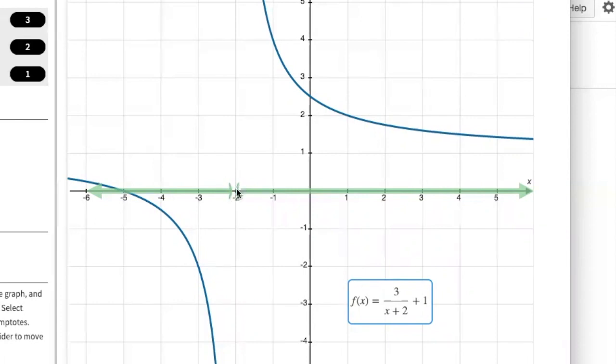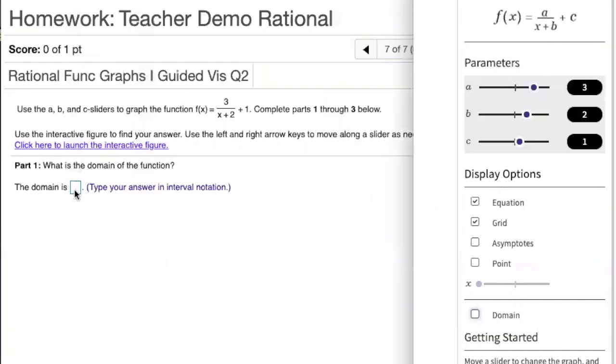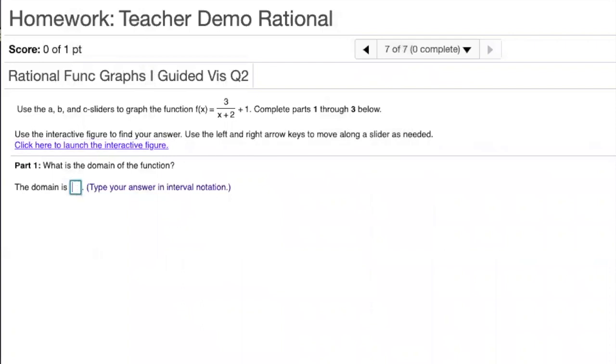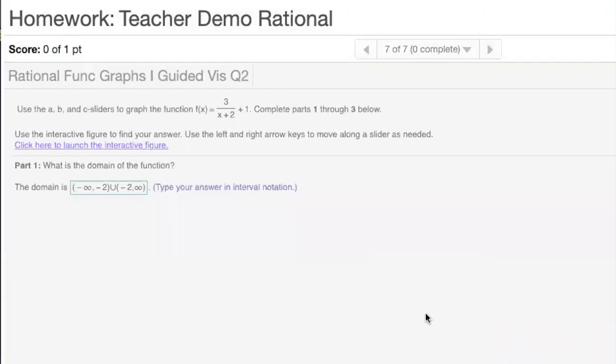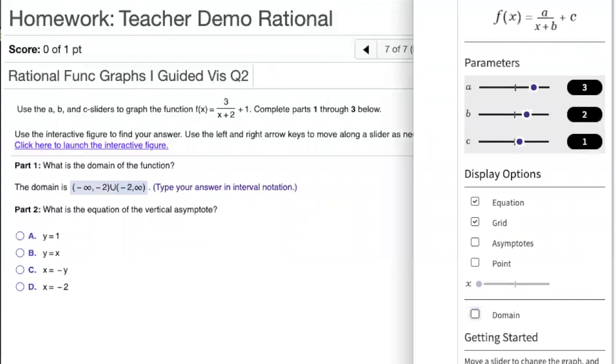And then you pick up on the other side of negative 2, round bracket, to positive infinity. So over here, when I have to do this in interval notation, I'm going to do negative infinity, use the palette down below, to negative 2, to positive infinity. Good job.